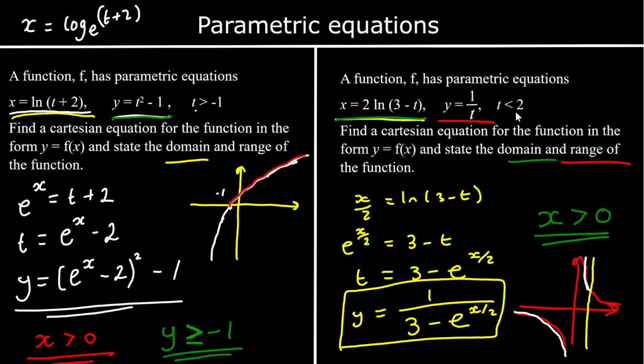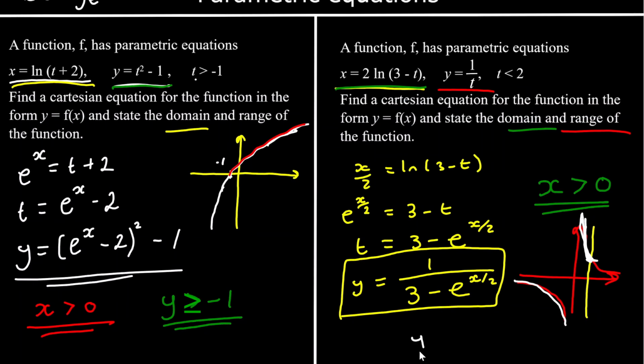So when t is 2, 1 over t is a half. So we can get out anything greater than a half. So this part of the graph. So y can be bigger than a half. And it can also be anything in this part of the graph, which is anything less than 0. So y is greater than a half, or y is less than 0.